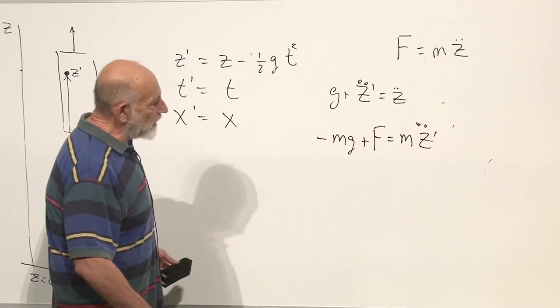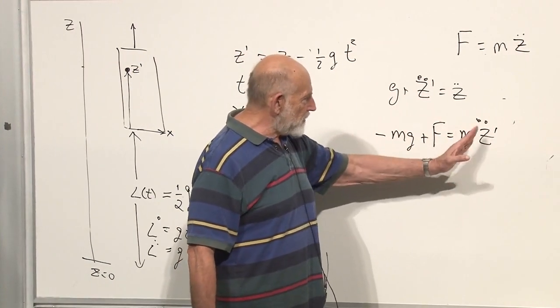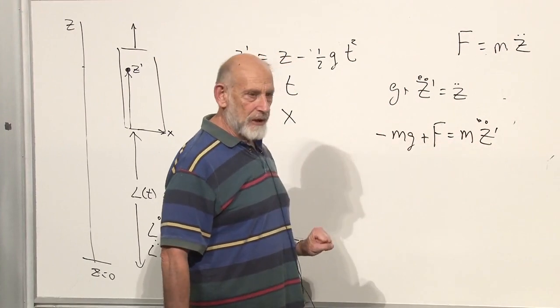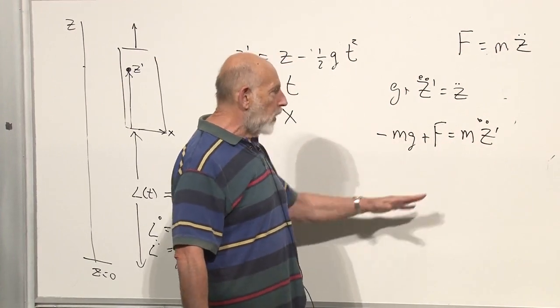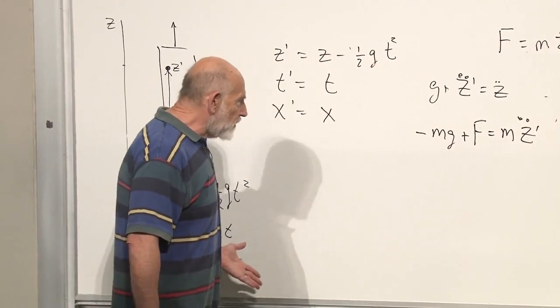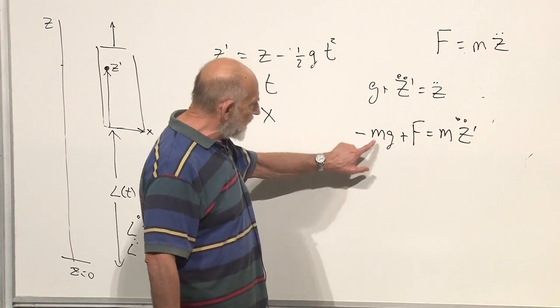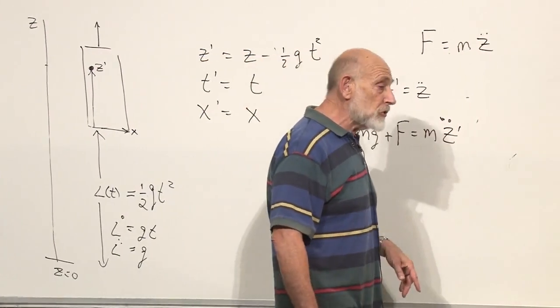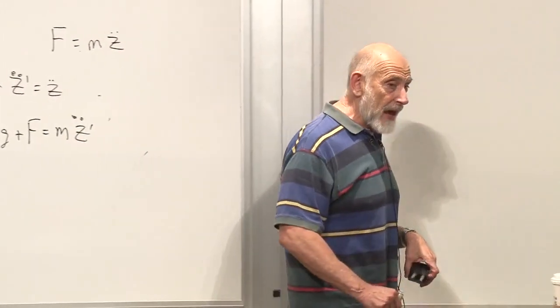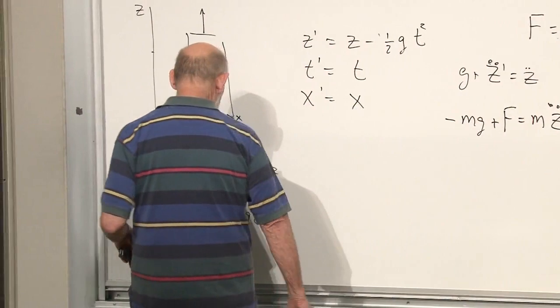Why do I want to shift it to the other side? Because I want to make it look like a Newton equation. Mass times acceleration is equal to something, and that something I call the force in the primed frame of reference. And you notice, as expected, the force in the primed frame of reference has an extra, sort of fictitious term, which is just the mass times the acceleration of the elevator.